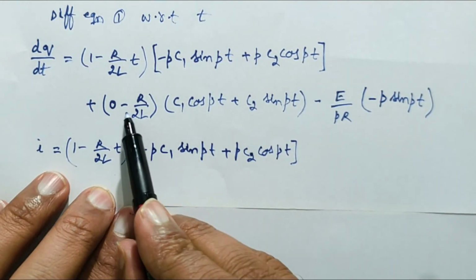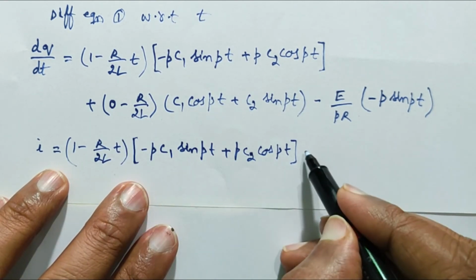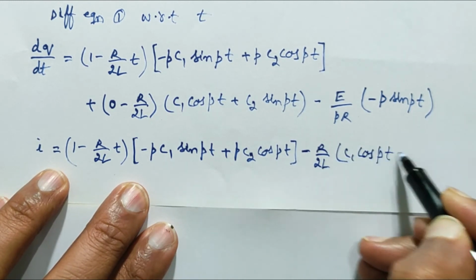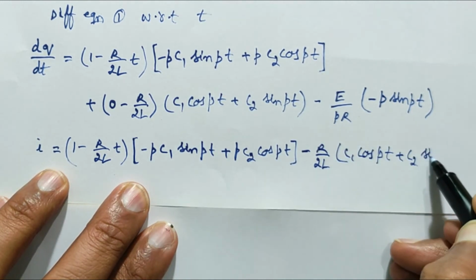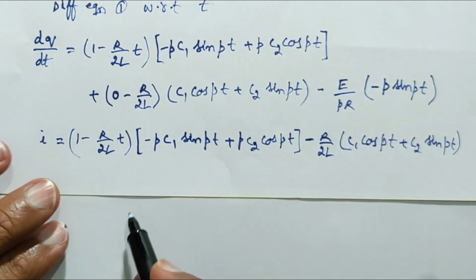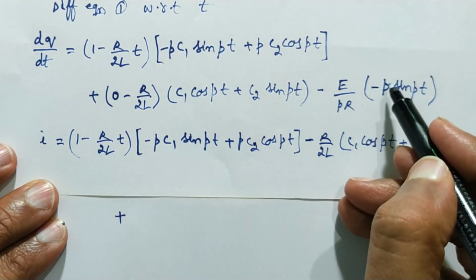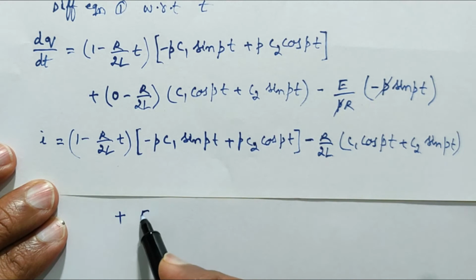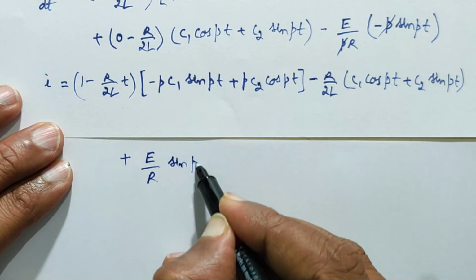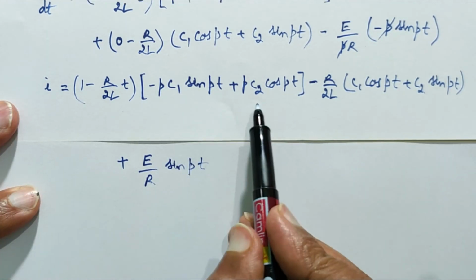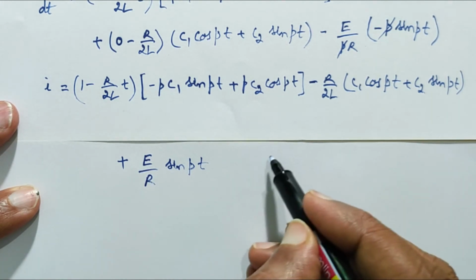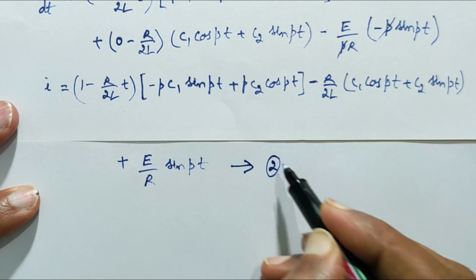And this negative sign plus into minus will be minus R by 2L into C1 cos of PT plus C2 sine of PT, and this minus of minus will become plus. So I'll write plus, and this P and P will cancel out, leaving E by R into sine of PT. So here the C1 value is already known. We need to find the value of C2. For that I'll use one more condition given in the question. Let me take this as equation number 2.